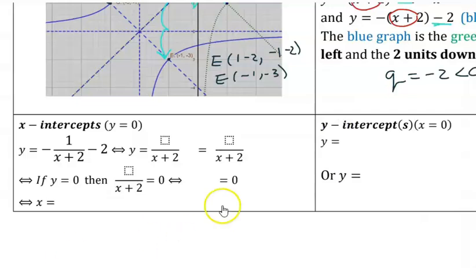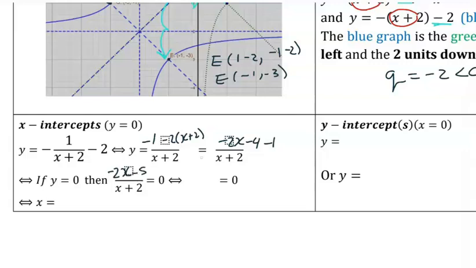Algebraically, if we look here at this function, we have a minus 1 minus 2 times x plus 2, and that will give me minus 2x minus 4 minus 1. So that will give me minus 2x minus 5.